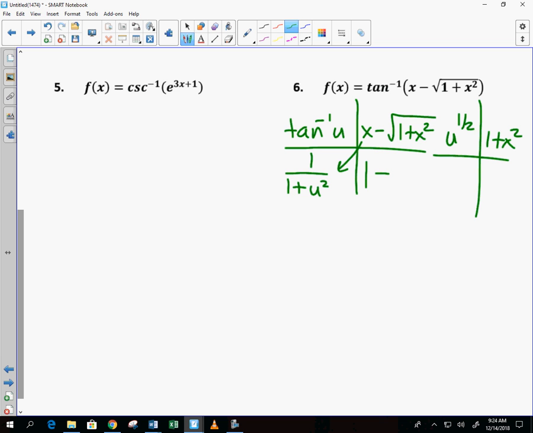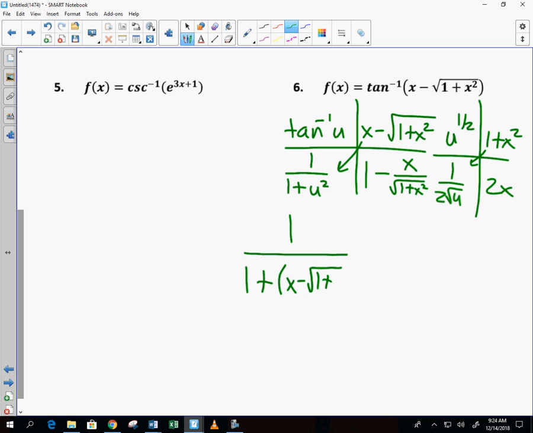Derivative of 1 plus x squared, 2x. Derivative of u to the 1/2, or 2 roots of u. I'm going to multiply these guys together. What happens to the 2's? They cancel, but I do have an x in the numerator, right? So I've got x over the square root of 1 plus x squared. So I have 1 over 1 plus the quantity x minus the root of 1 plus x squared.